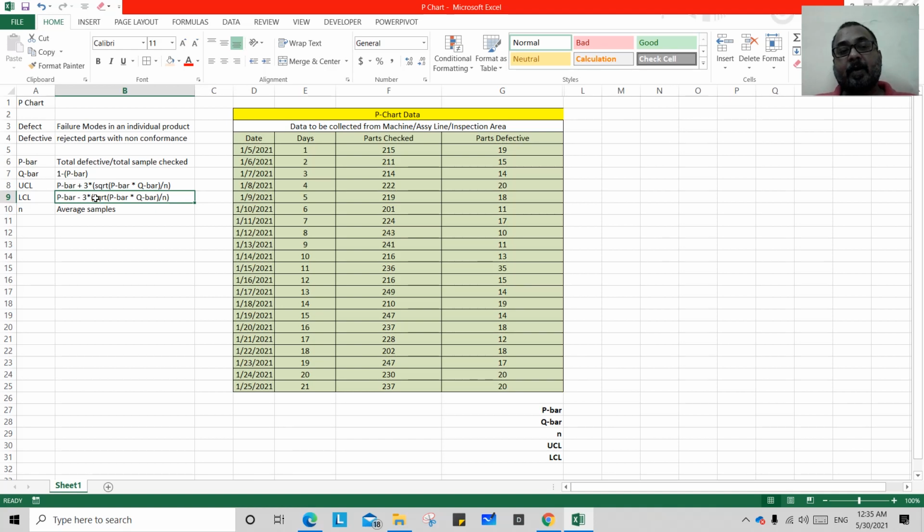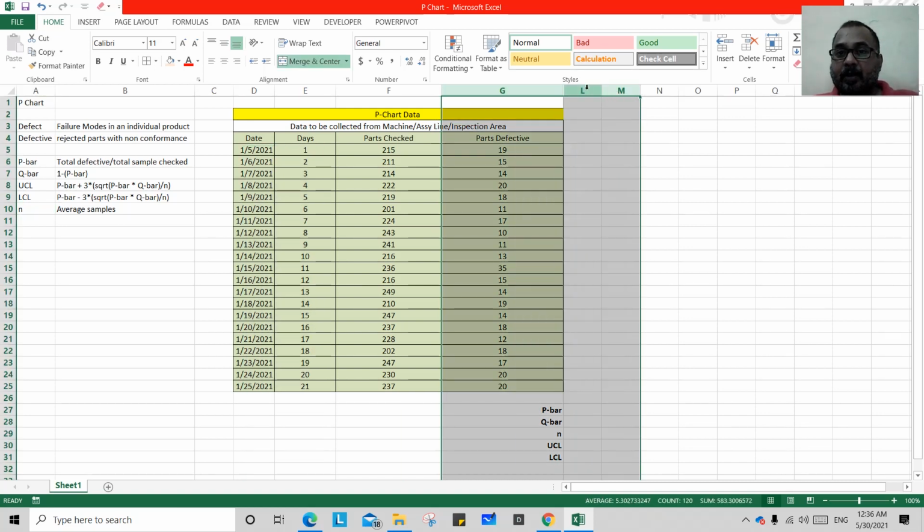That sigma, the standard deviation, is calculated by square root of P bar into Q bar divided by N. When you break it up, you get the exact square root of 1 minus P divided by N, the same formula of sigma. So it has been simplified here, and N is the average number of samples you have checked.